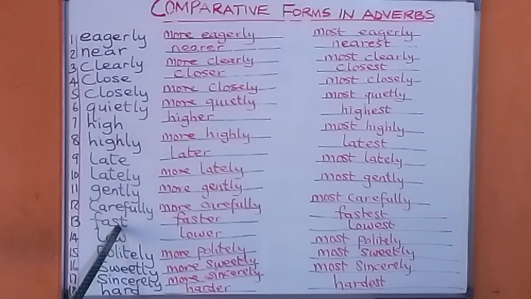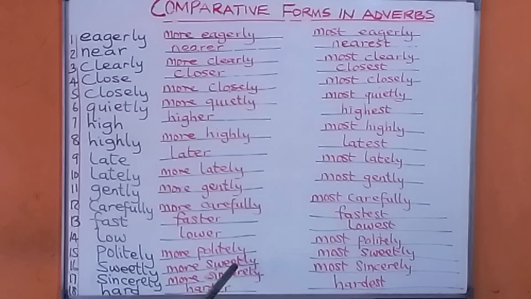Fast, no ly here, faster, fastest. But if you say ly here, fastly, you say more fastly, most fastly. Low, no ly here, lower, lowest. But you have lowly. If you have ly there, you say more lowly, most lowly. Politely, ly is there, more politely, most politely.